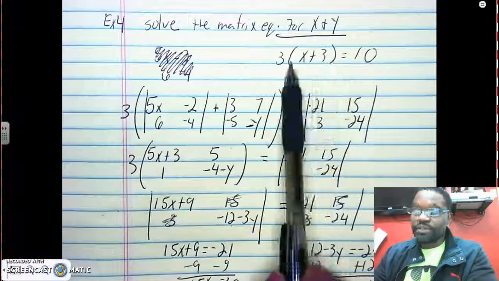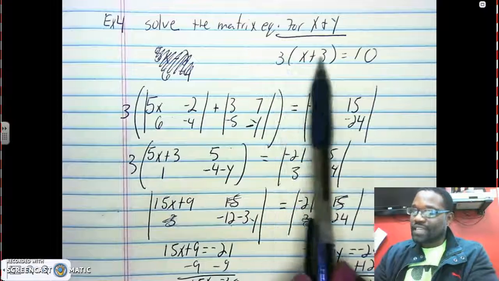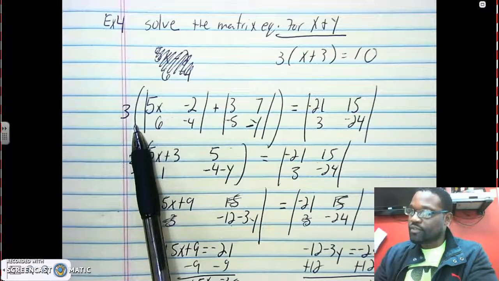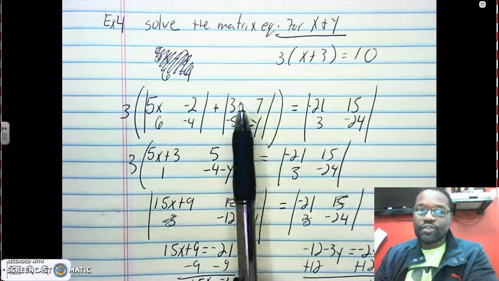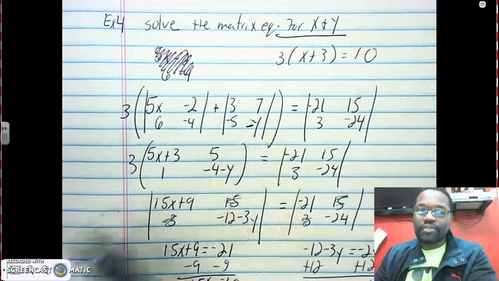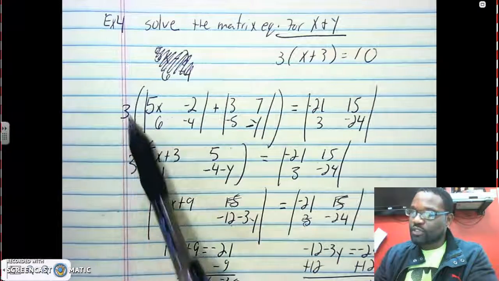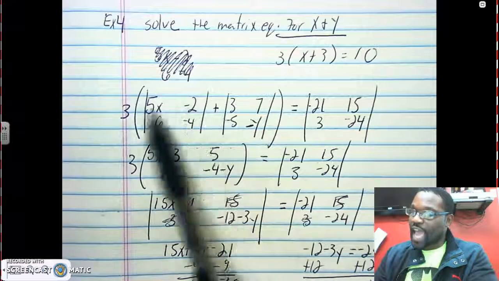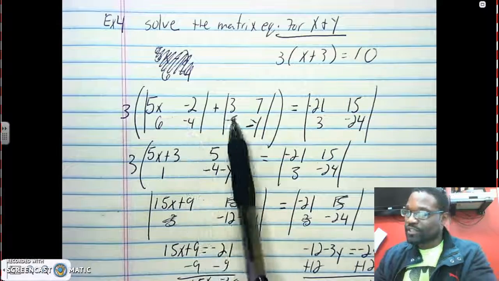I wrote this up here in the original notes that I erased because this problem is a representation of what we're going to do here. Remember order of operations. Order of operations says do whatever you have in the parentheses first and then you multiply, because this 3 out here means multiply. So the first step that you should do is to add the two matrices.